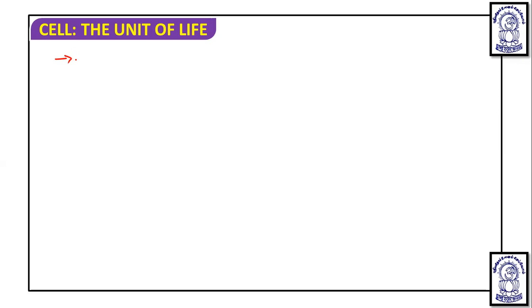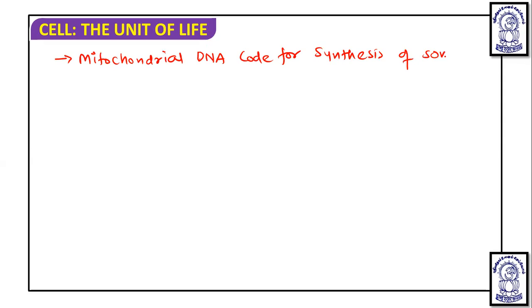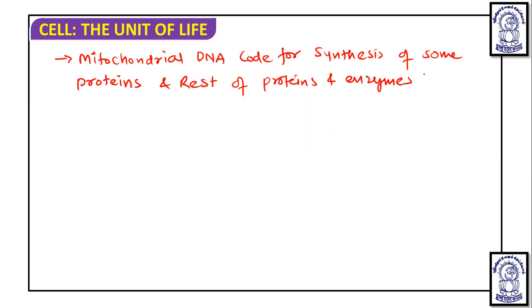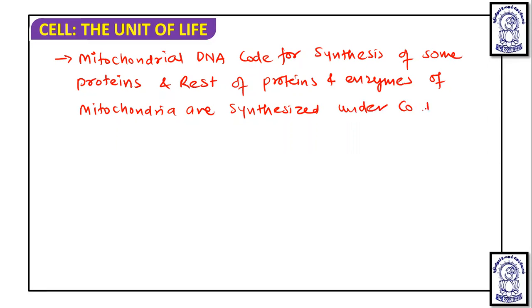It is known that mitochondrial DNA codes for the synthesis of some proteins, and the rest of the proteins and enzymes of mitochondria are synthesized under the control of nuclear genes.